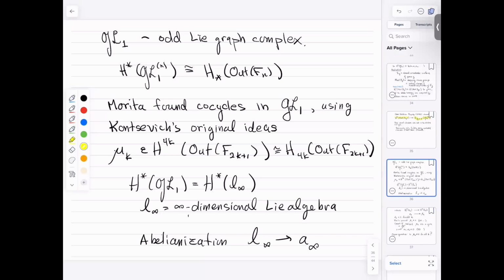Now I want to say a little bit about how Kontsevich came up with graph complexes. He was thinking about algebras. For the Lie case, he took the free Lie algebra on some generators.